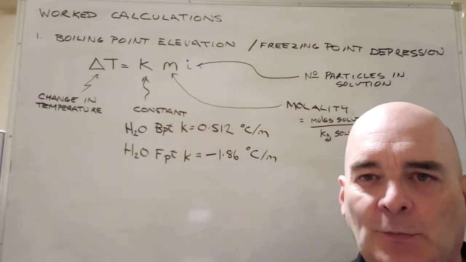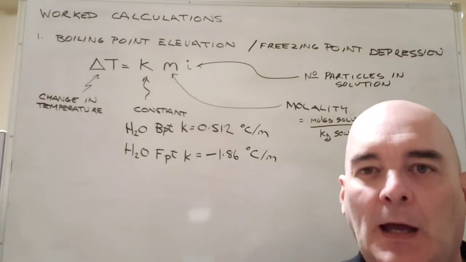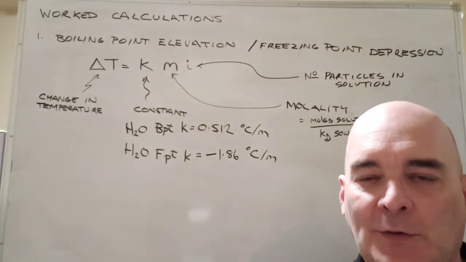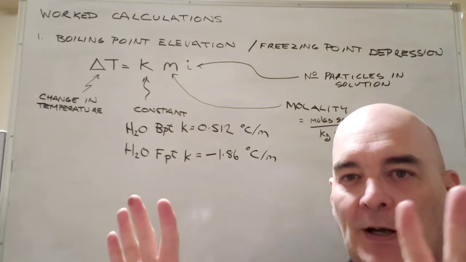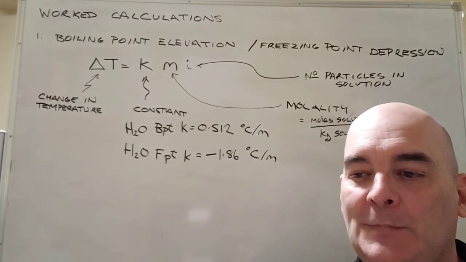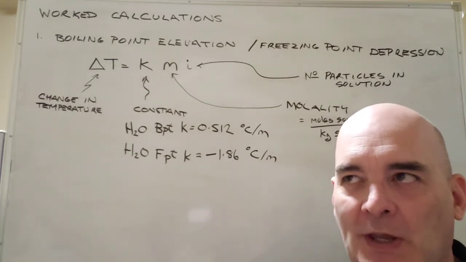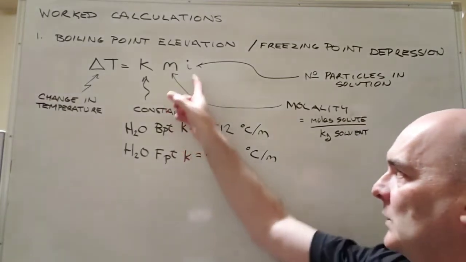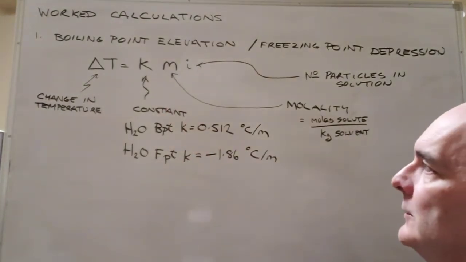Covalent materials, when they go into solution, will remain intact. Ionic material, when it goes into solution, will split apart into ions. So if our material splits apart into two things, it has a greater effect. So we're going to count the number of particles that are in solution.